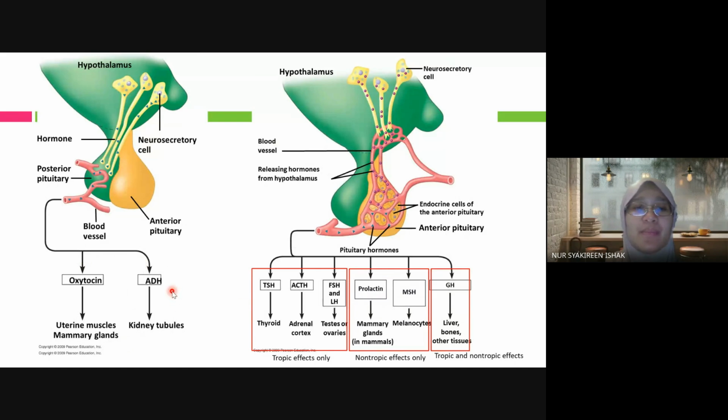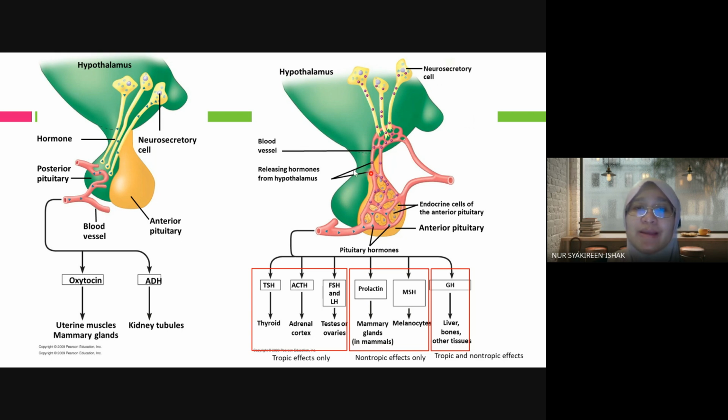Okay. But for the anterior pituitary, as you can see, from the hypothalamus you have the neurosecretory cells. The neurosecretory cells secrete either releasing hormone or inhibiting hormone that will be released from the base of the hypothalamus into the blood capillaries, which travel into the blood vessels of the anterior.